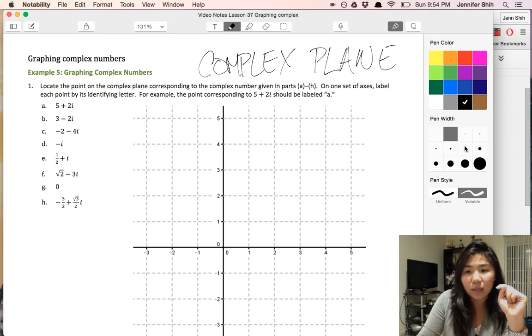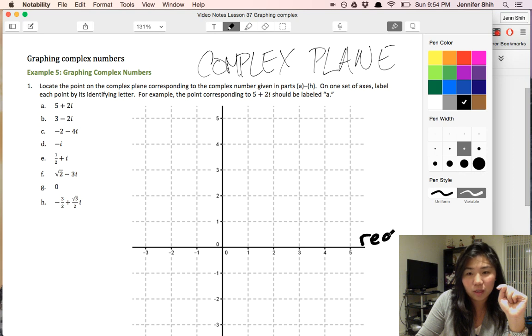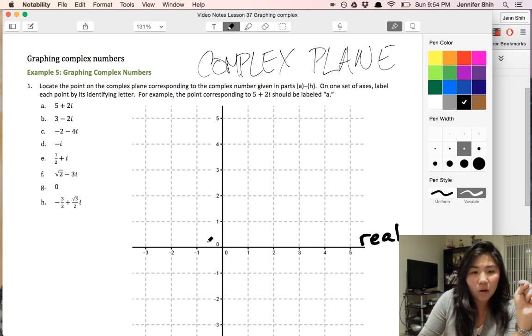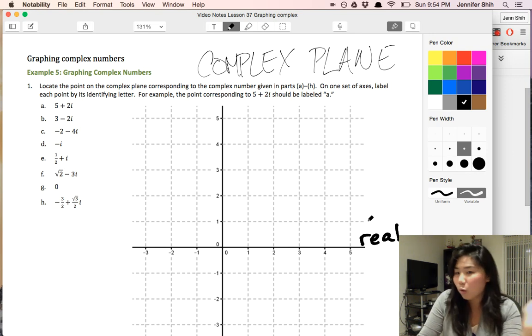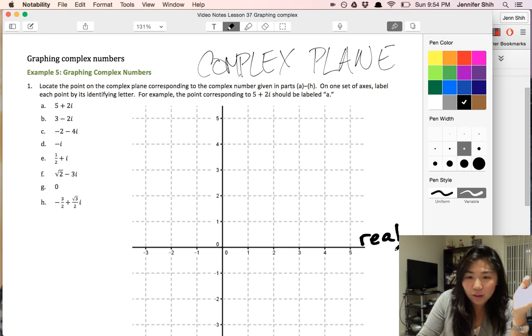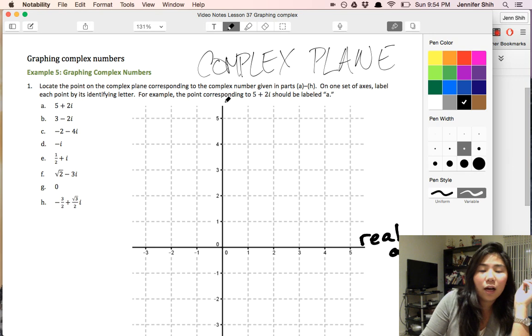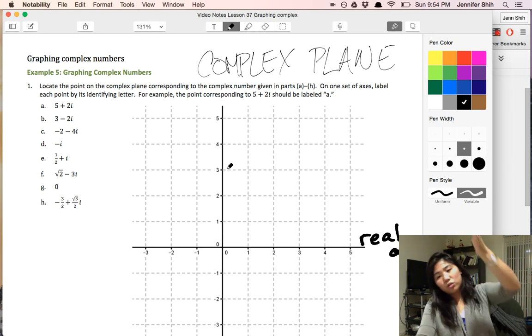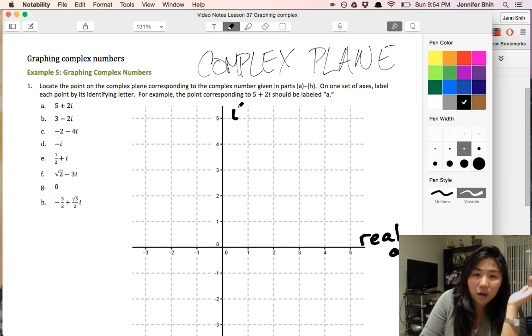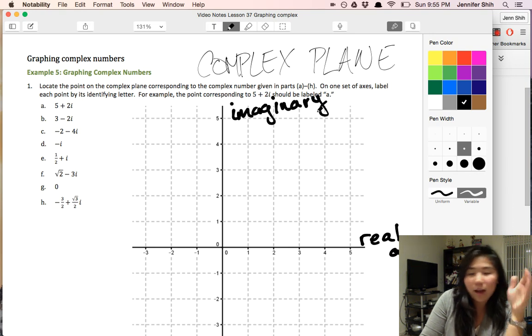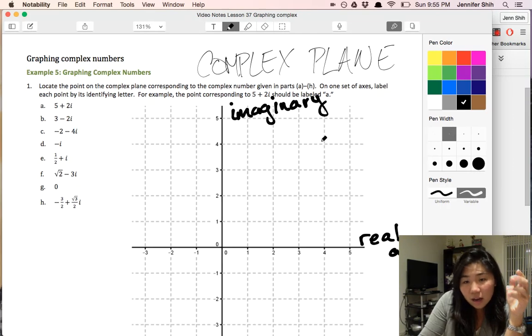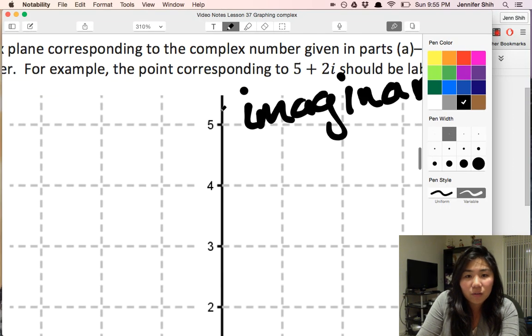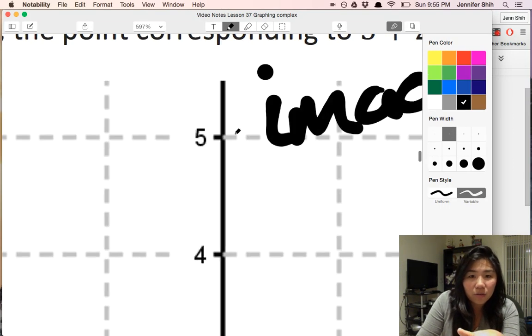This is going to be our real numbers, real. All these numbers on this axis, the negative ones and the positive ones, are all going to be our real numbers, or our A value, A. The y-axis, what we traditionally call the y-axis, is now going to be our imaginary axis. And instead of just 5 and 4, it's going to be 5i, and it's going to be 4i.